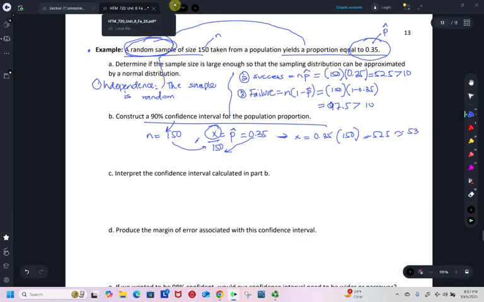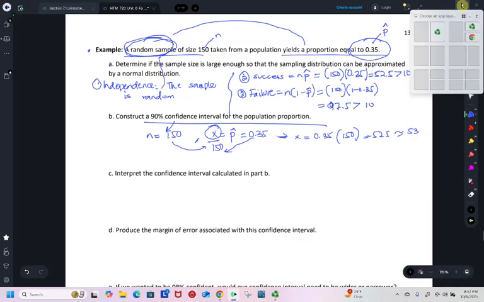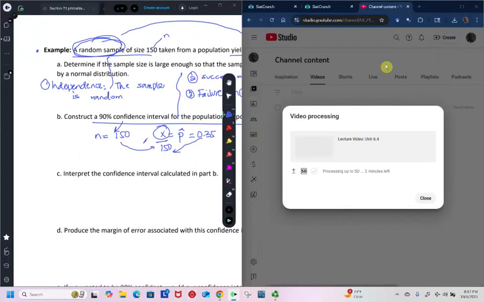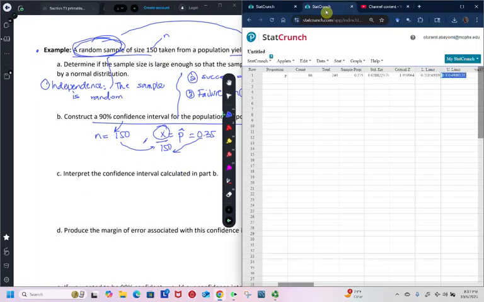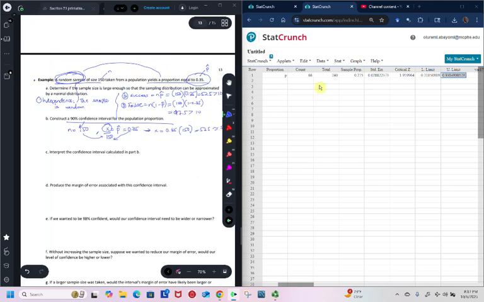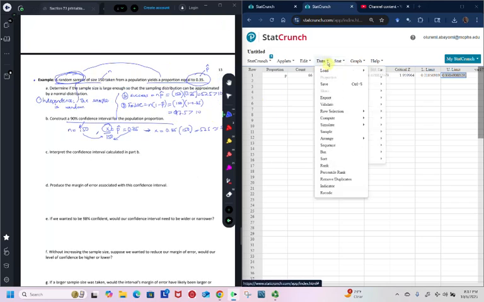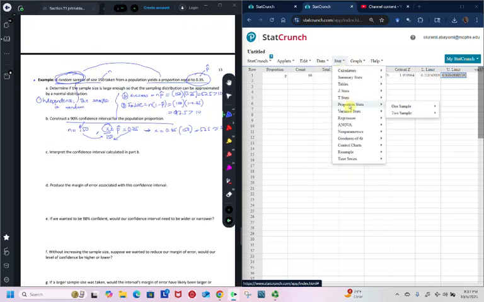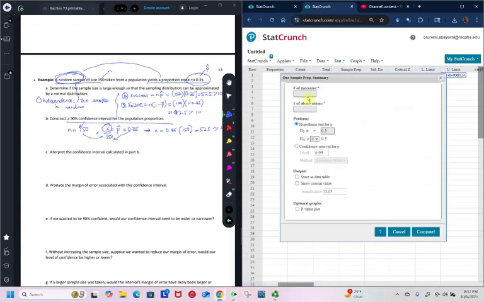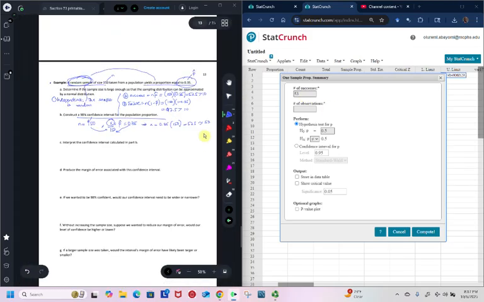So we can take this back to StatCrunch. I go to Statistics, Proportion, One Sample, With Summary. For my number of successes, I want 53 out of 150 approximately.